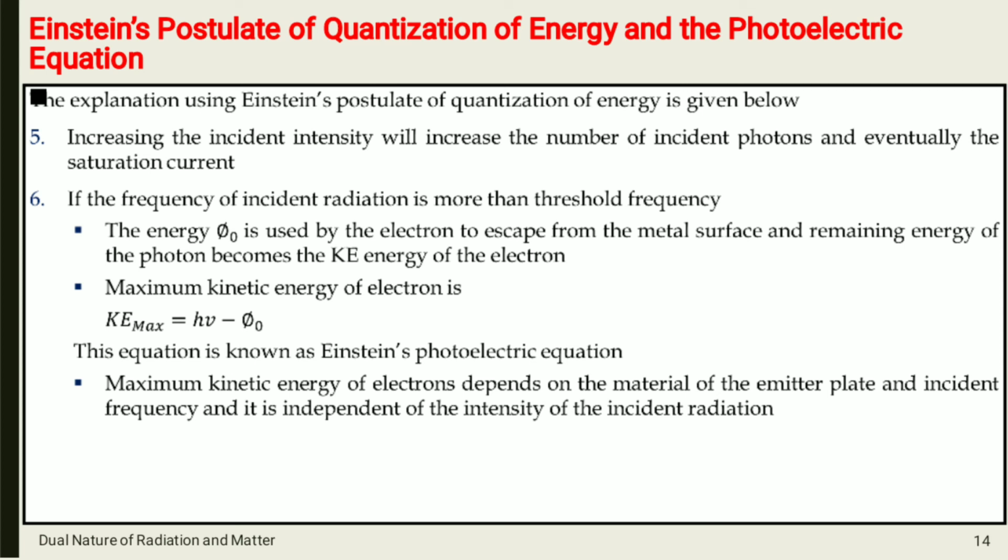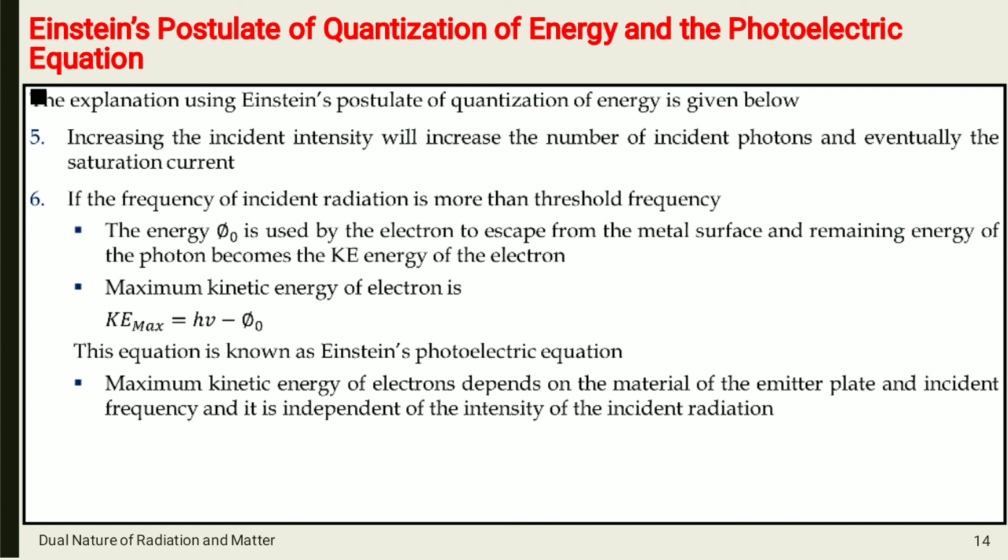Maximum kinetic energy of the electron is given by Ke max is equal to h nu minus phi 0. H nu is what? Energy of the photon. Phi 0 is what? Work function, means the minimum amount of energy required to detach the electron from the metal surface.